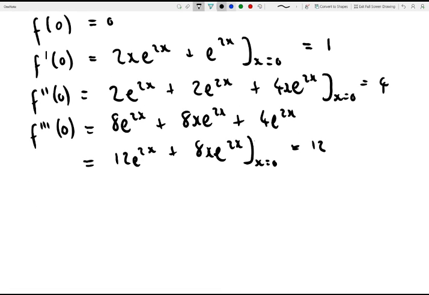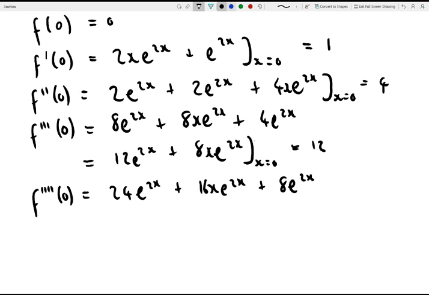And then finally, the fourth derivative of f evaluated at 0 gives us 24 e to the 2x plus 16x e to the 2x plus 8 e to the 2x. And let's simplify this to 32 e to the 2x plus 16 x e to the 2x, and evaluate this at x equals 0 to get 32.